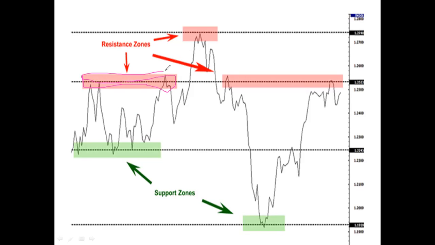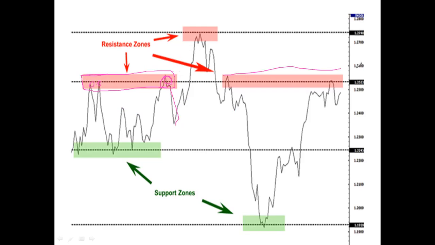If you look at the other zones, there was a resistance here, resistance here. So it has become a zone that is believed that when price reaches that level, that zone, it may bounce back down. And if you look at it, yes, when it got into that zone, we had a possibility of it coming back down.